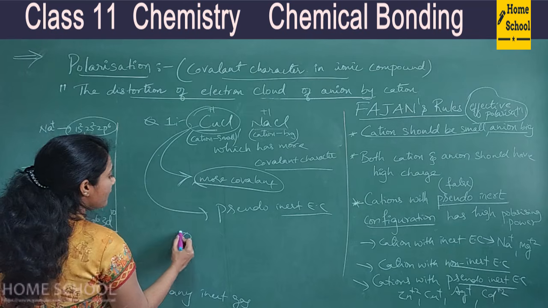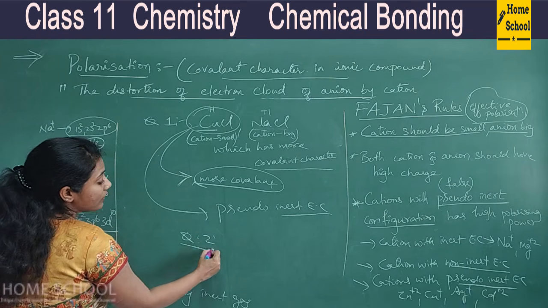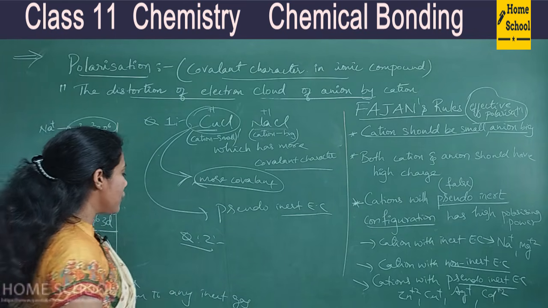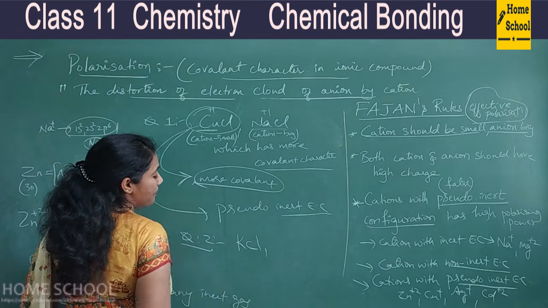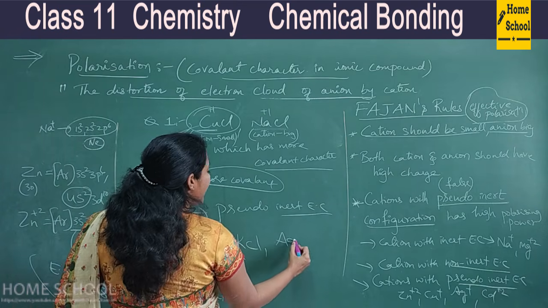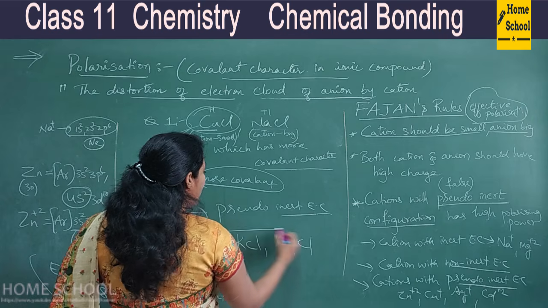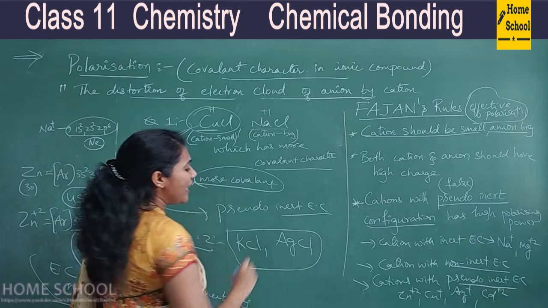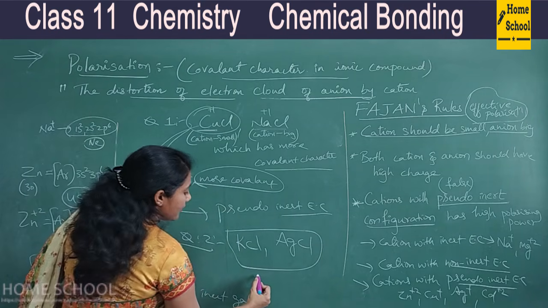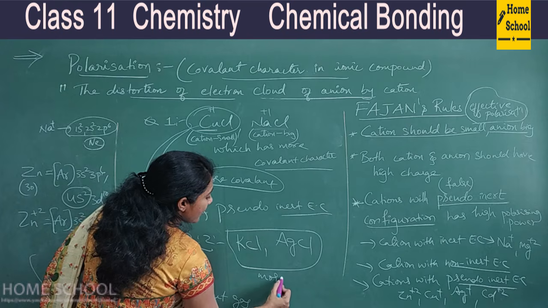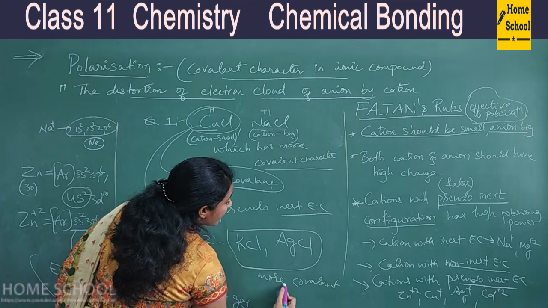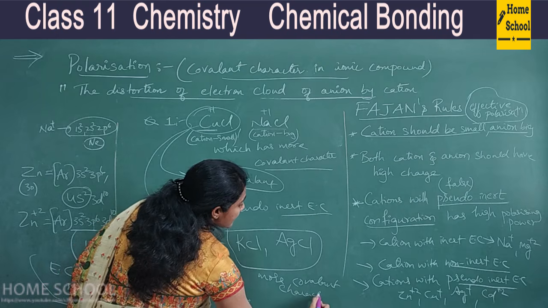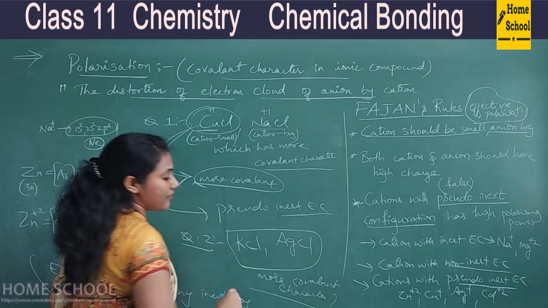And coming to the second question, for this you give the answer in the comment section. So please try this. You have KCl and you also have AgCl. So tell me, which one has more covalent character? My question is, which one has more covalent character? Just based on the concept, decide your answer.